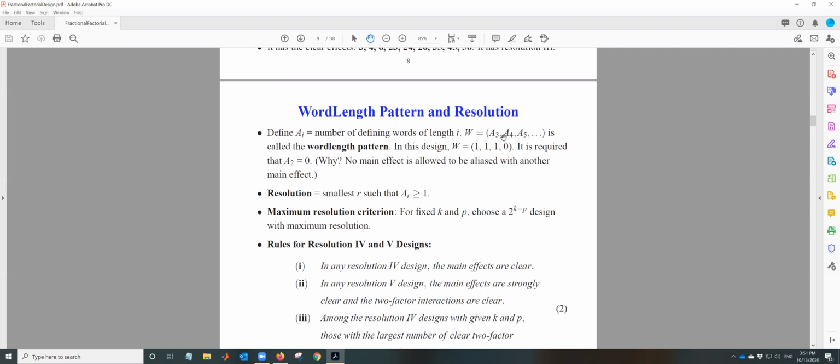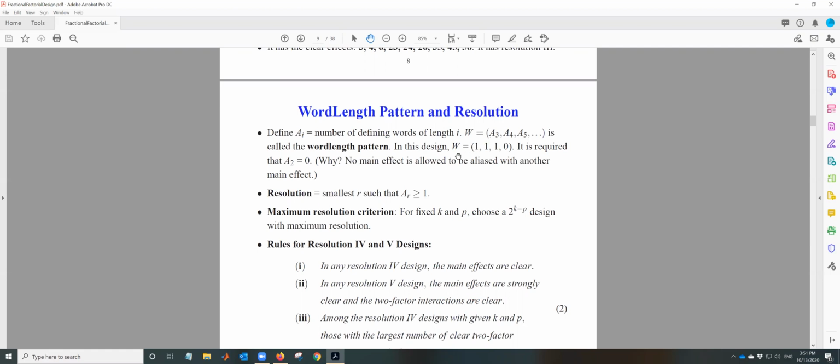Because if you have a defining word with length of 2, then a main effect is aliased with another main effect. So the minimum length has to be 3. So the resolution is the smallest r such that A_r is greater than or equal to 1. That means the smallest r. So here it is 3. So this is the resolution.